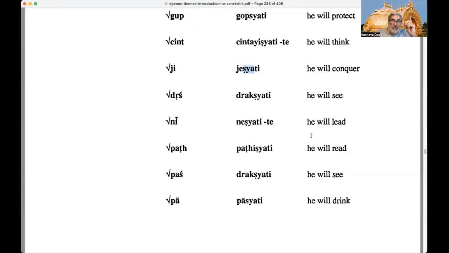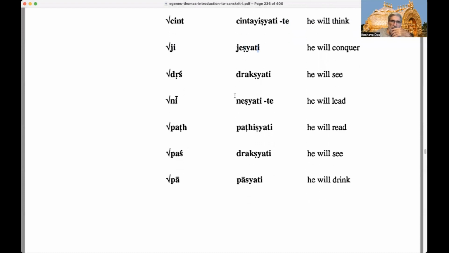So the rule was above that if it follows a vowel which is not a short a or long a, then it changes to a cerebral. So instead of jesyati, it becomes jeshyati. So je, sha, with the suffix marking the future tense, and then t, third person singular active ending.